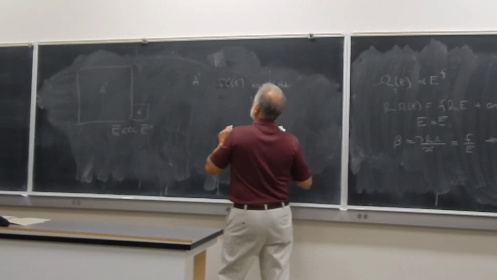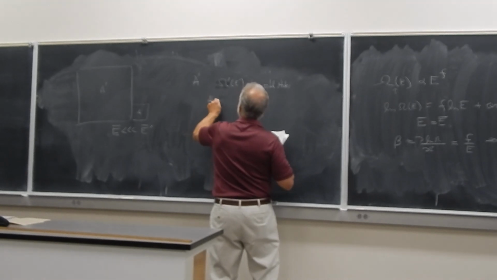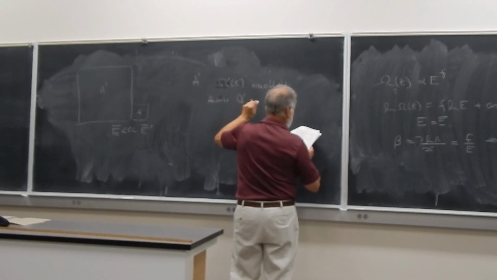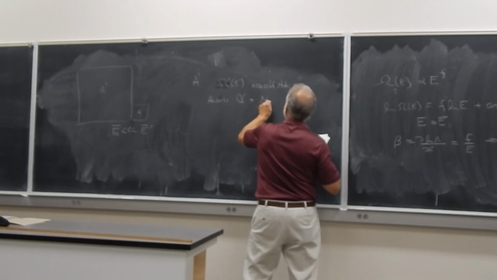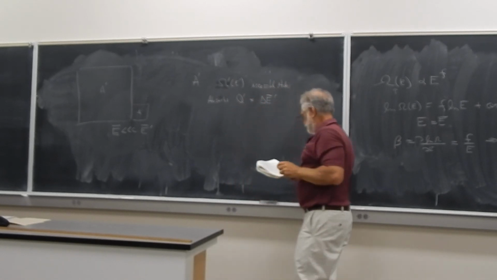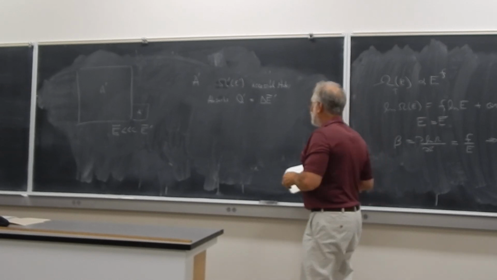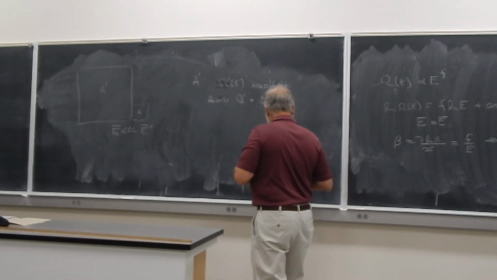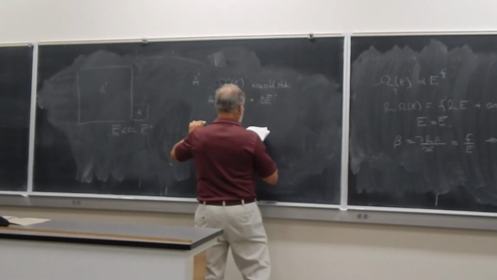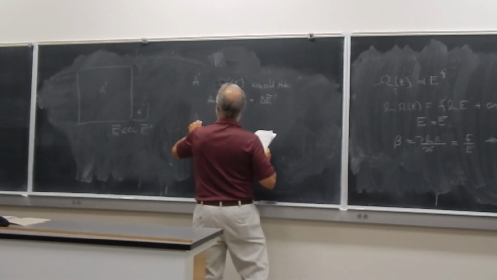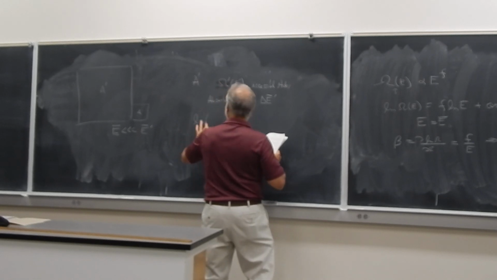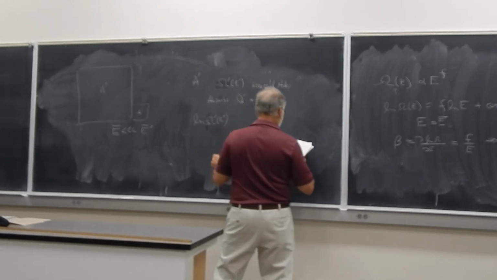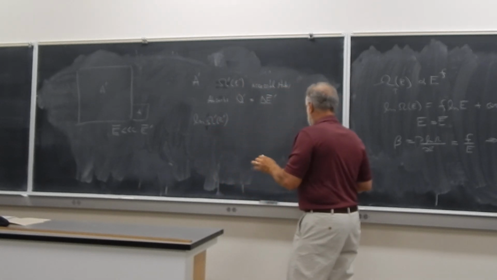And let's say it absorbs some heat, Q prime equal to delta E prime, and it's absorbing that from system A. Let's express the change in the log of omega prime of E prime in a Taylor expansion.